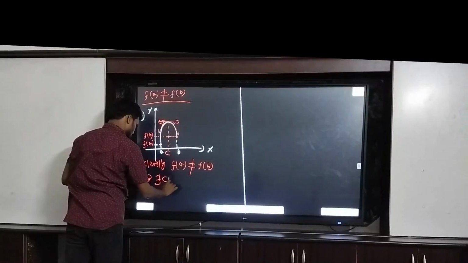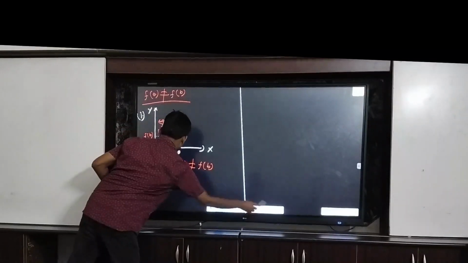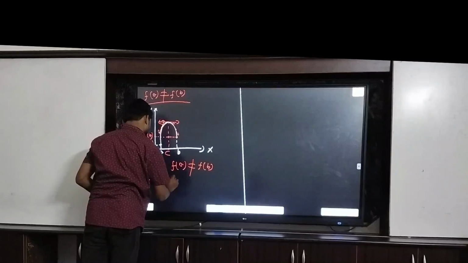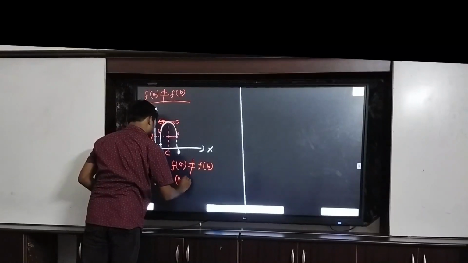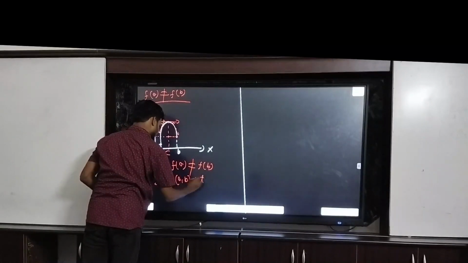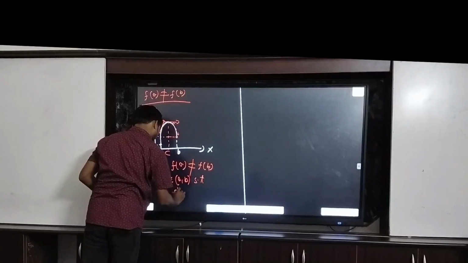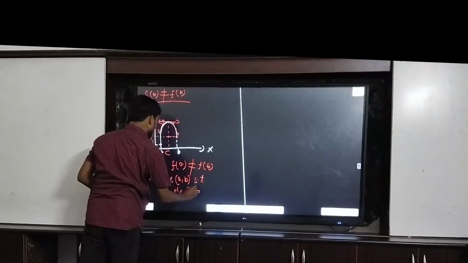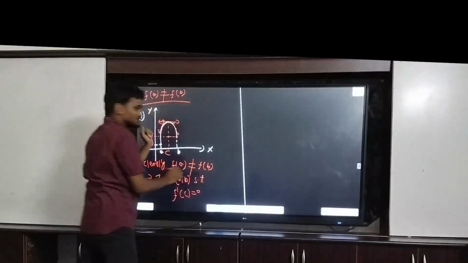So what it implies? There exists c belonging to the open interval (a, b) such that f dash c is equal to 0. There exists a tangent which is parallel to the x axis. Second case.